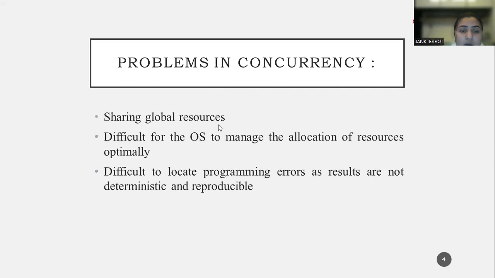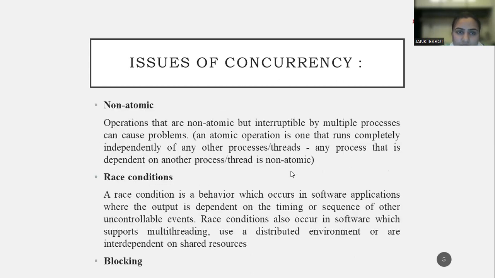The problem in concurrency is that they are able to share global resources. It is difficult for the operating system to manage the allocation of the resources, and it is difficult to locate programming errors.